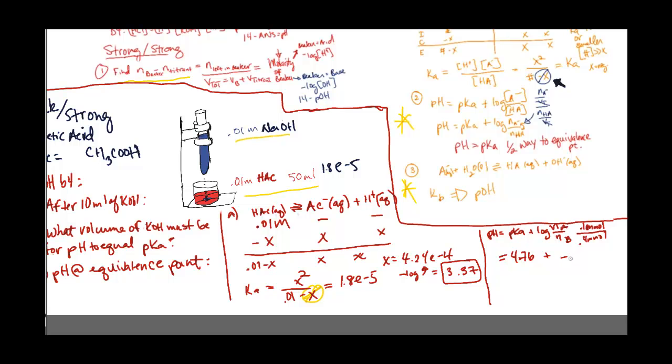This was a negative 0.6 something or other. When you do it all, you end up with 4.16 if you round up. So that would be part B.